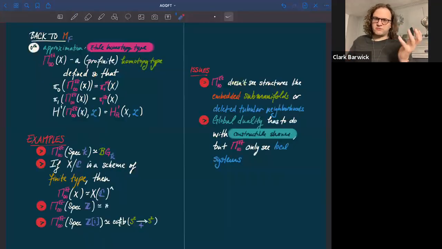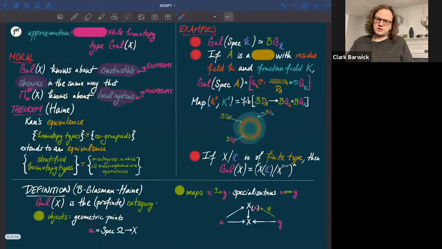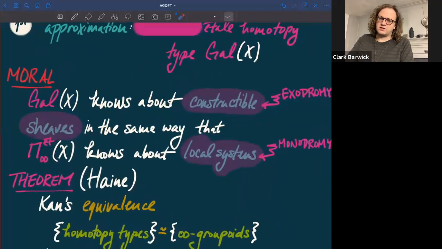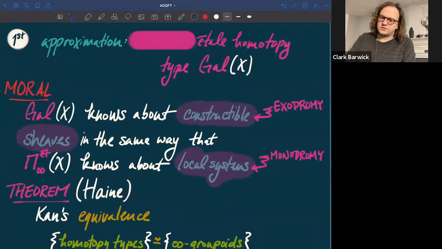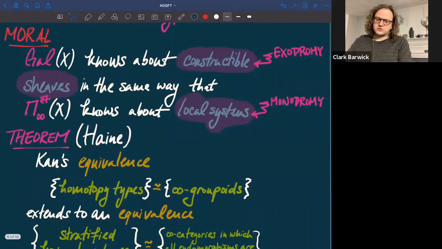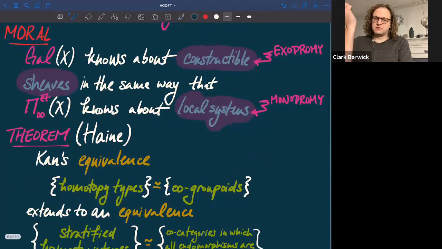And so that leads us to our first approximation to this object MF. And that's what I call the stratified Étale homotopy type, which I just denote by Gal X. So the moral of the story is going to be that Gal X knows about constructible sheaves in the same way that the Étale homotopy type knows about local systems.